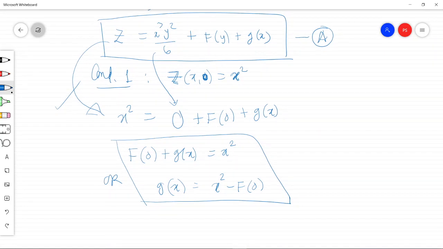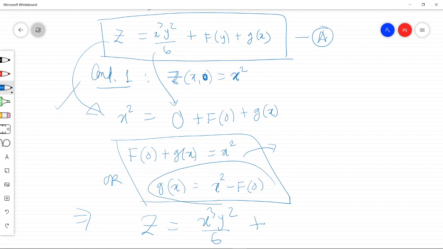Now we have to substitute this value in equation A. So this gives us z equal to x cubed y squared by 6 plus, now g of x has to be replaced, but let us write down the second term, f of y plus g of x. Now g of x is this thing, so let us write it as x squared minus f of 0.